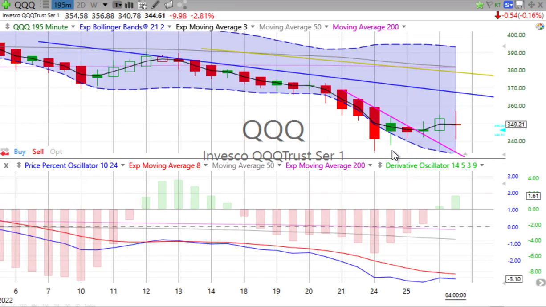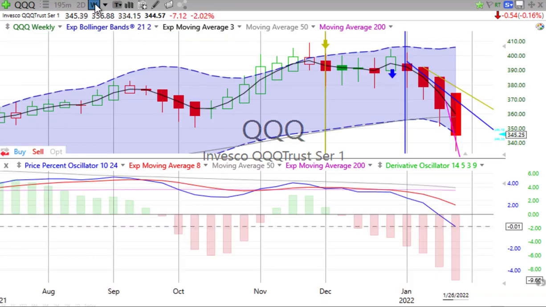We look at the NASDAQ 100, the tech sector, up in the morning, bleeding that off in the afternoon. Again, price percent oscillator negative, derivative oscillator positive. Still lots of downward pressure. This is a market that has been unwinding now, going on 3 strong weeks after we had a red spinning top starting all of this.